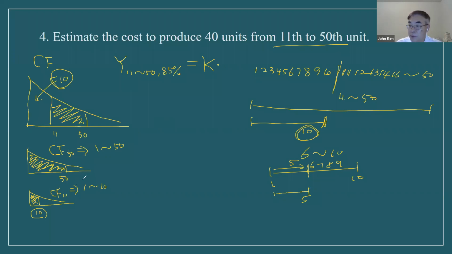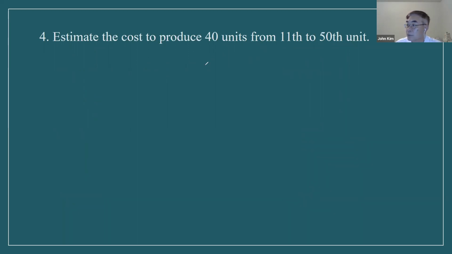So this one looks clear. Do it again. So Y, 11 to 50 at 85%, that will be K times 11 to 50.